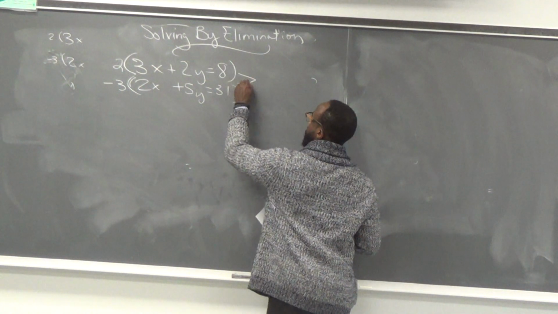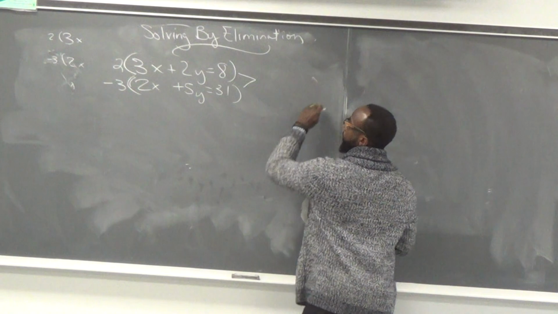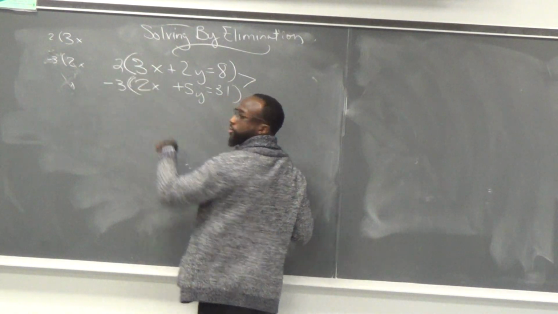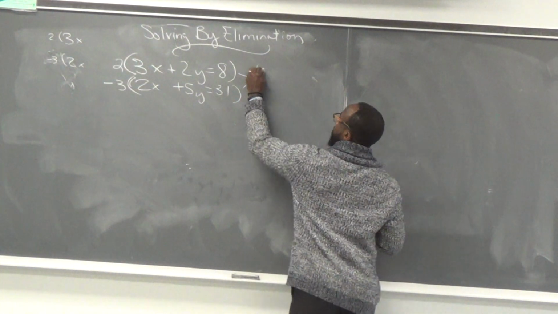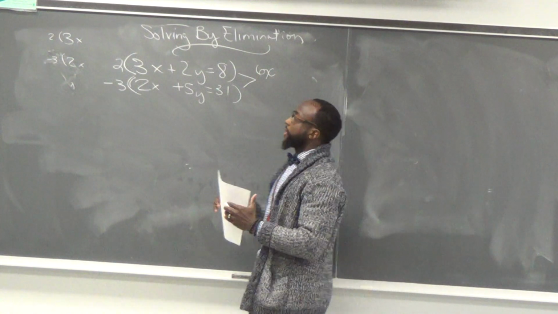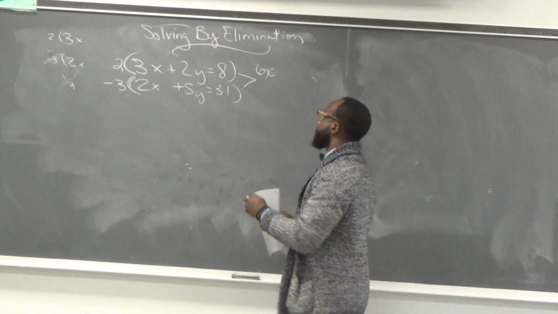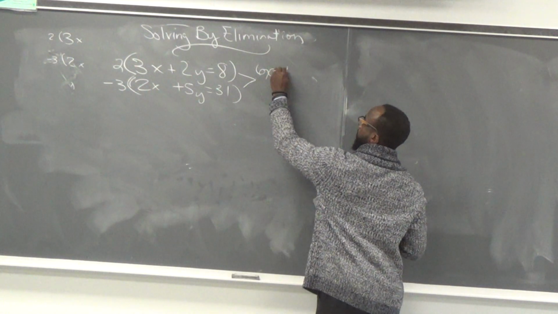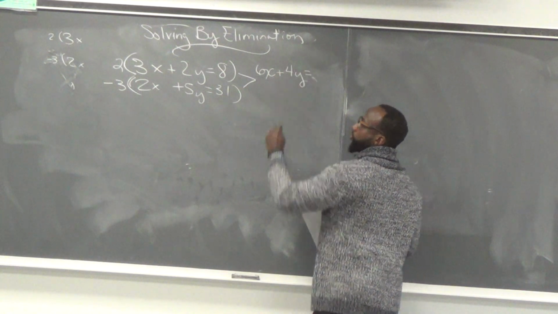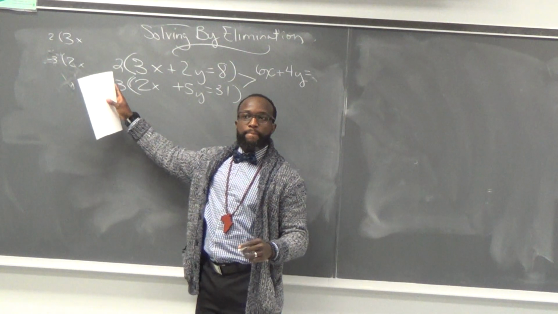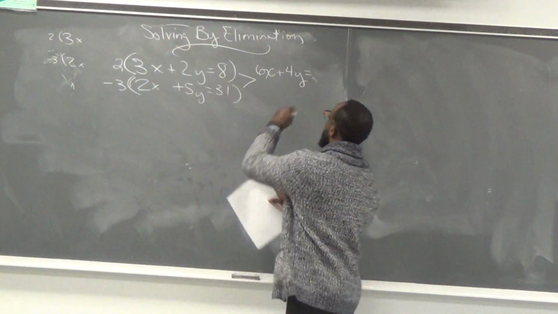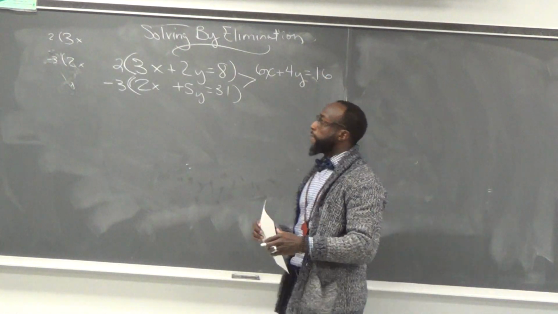So we'll put it next to it. There's 2 times 3, 6x. Then 2 times 2y is 4y, and 2 times 8 is 16.